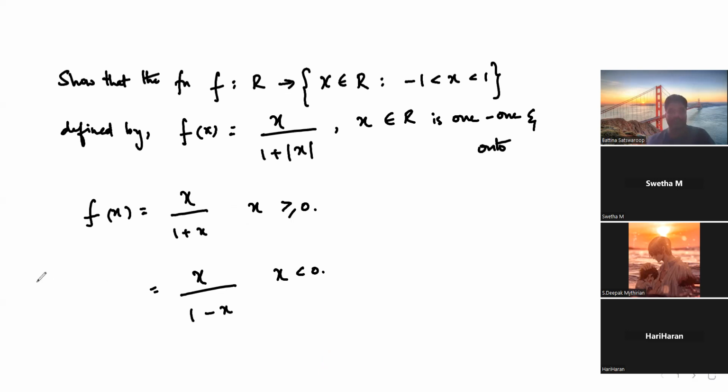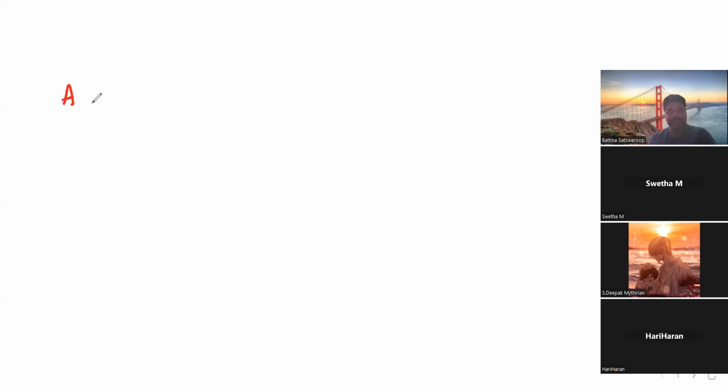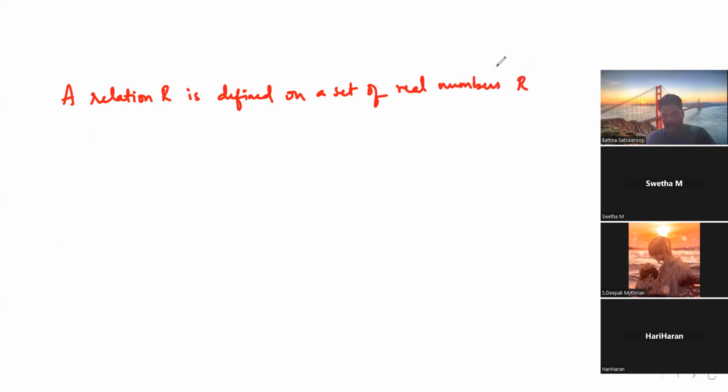Take down another question. One more question. A relation R is defined on a set of real numbers R as R is equal to (x, y) such that x into y is an irrational number.